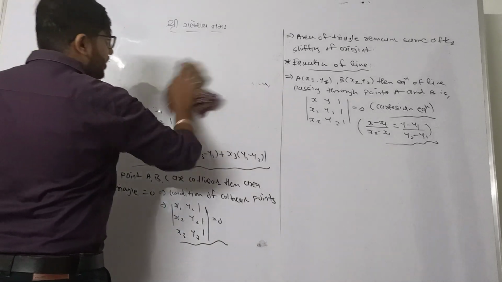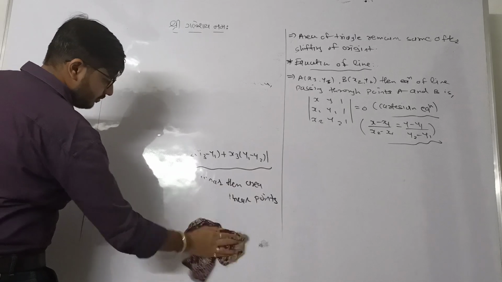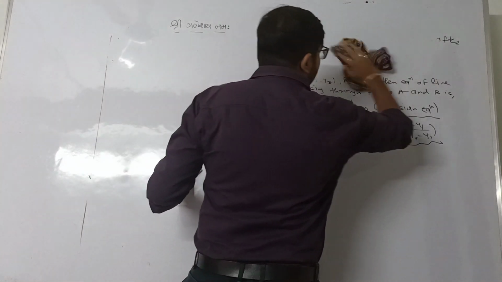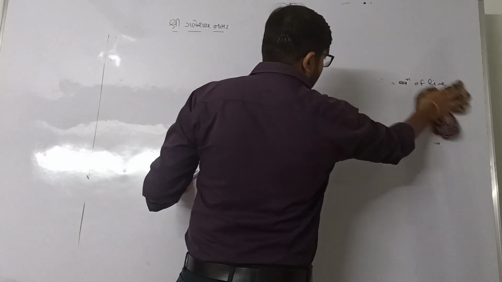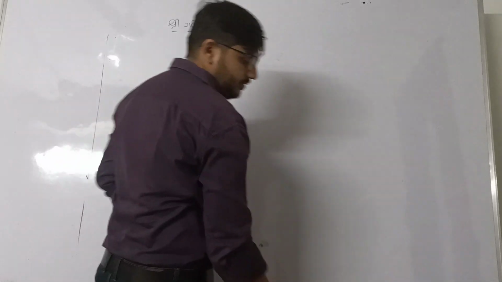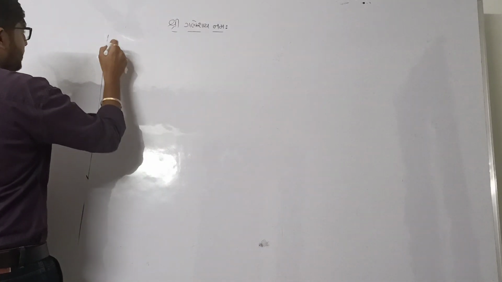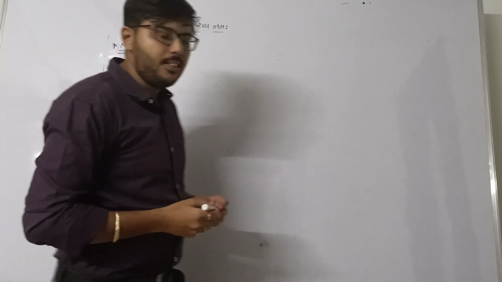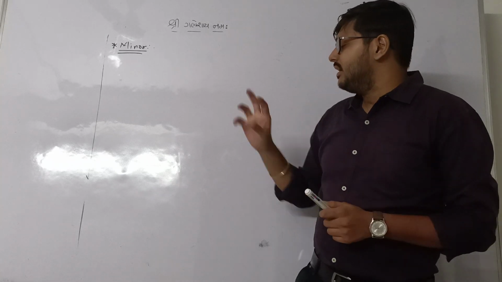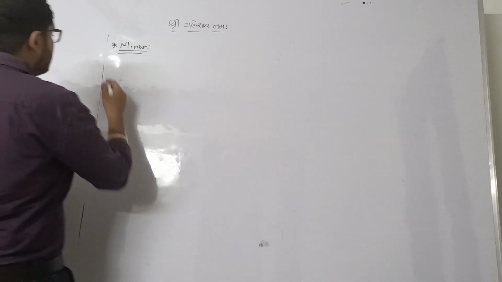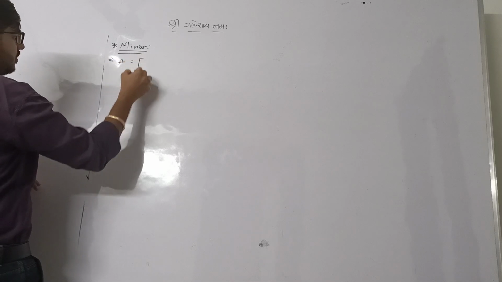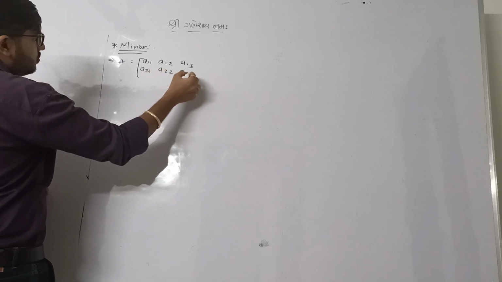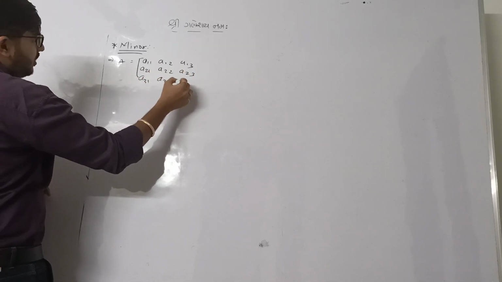Then the next point, which is very important, is minors and cofactors. So first let's talk about minor. Let me take a matrix with elements A11, A12, A13, A21, A22, A23, A31, A32, A33.